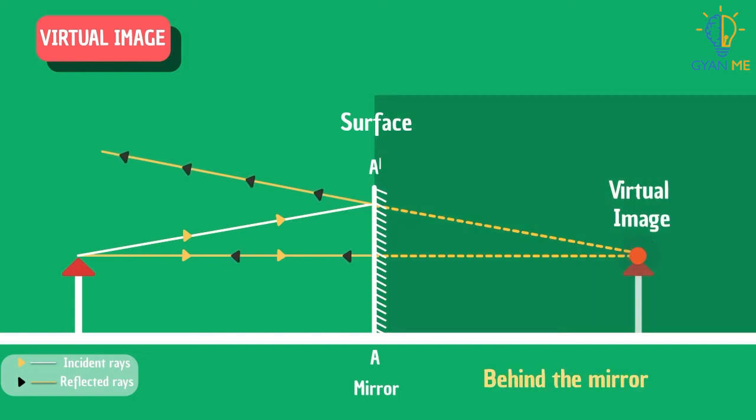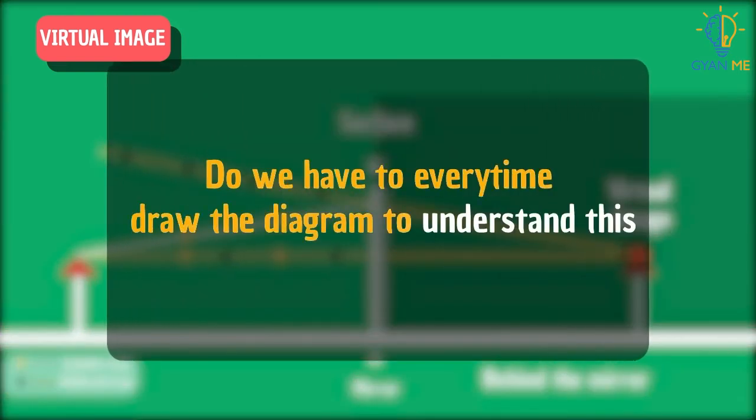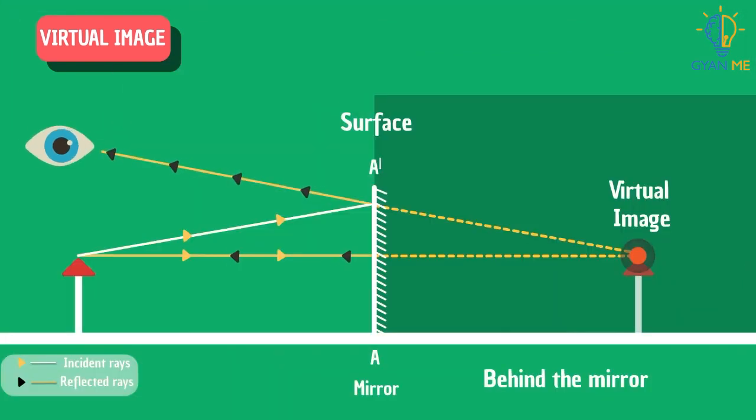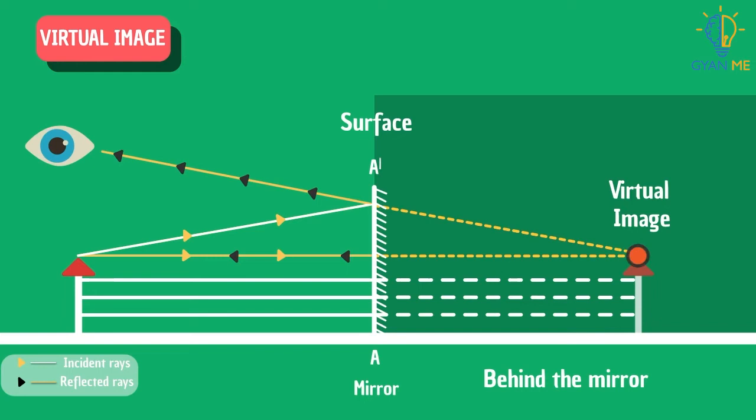So students, do we have to every time draw the diagram to understand this? No. Our eyes and brain, they do it for us. Something similar happens for the rest of the points on the objects so that we see the full image of the object.